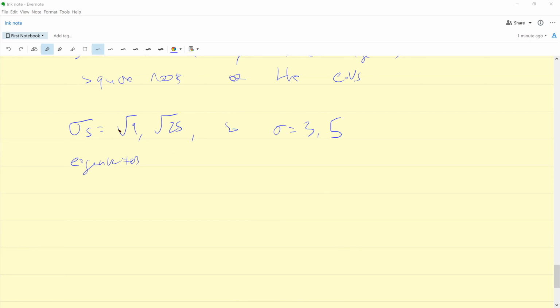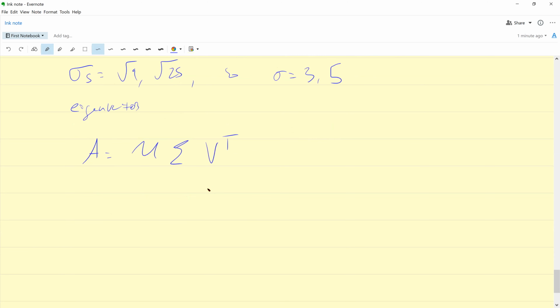So basically, once you find the eigenvectors, we're trying to write this as Q sigma P transpose, right? These guys are going to go into P transpose here.